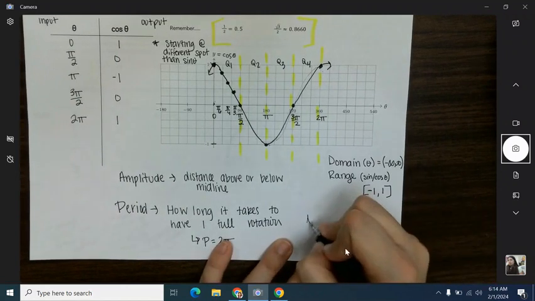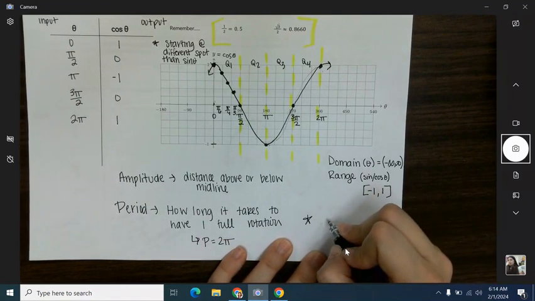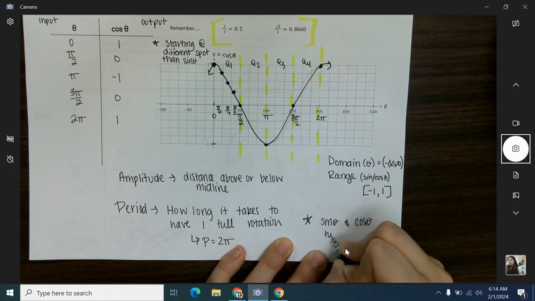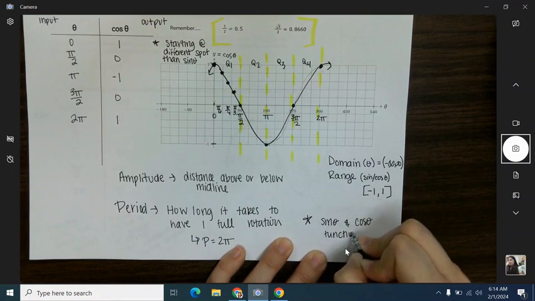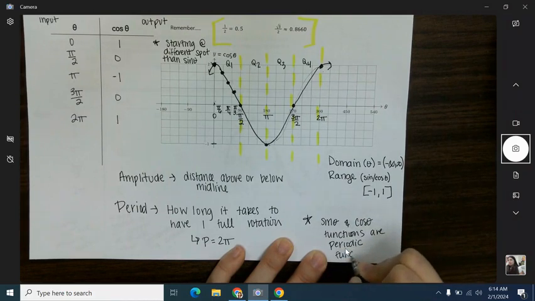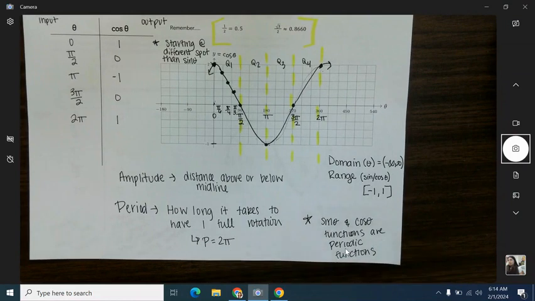And it's important to keep in mind with this idea that sine and cosine functions are periodic functions. Okay. An example of periodic functions is like a hamster on a wheel. It's running, it's running, it's running.